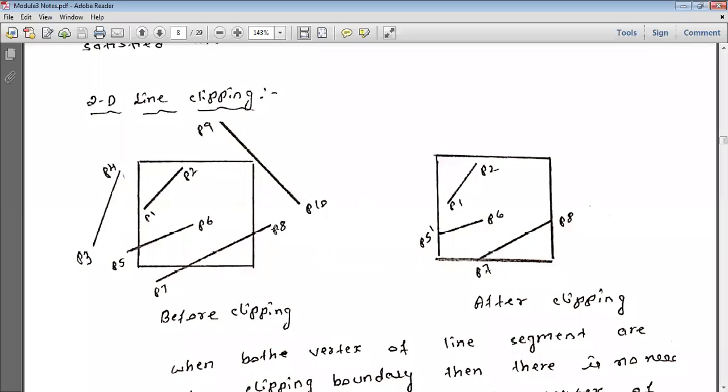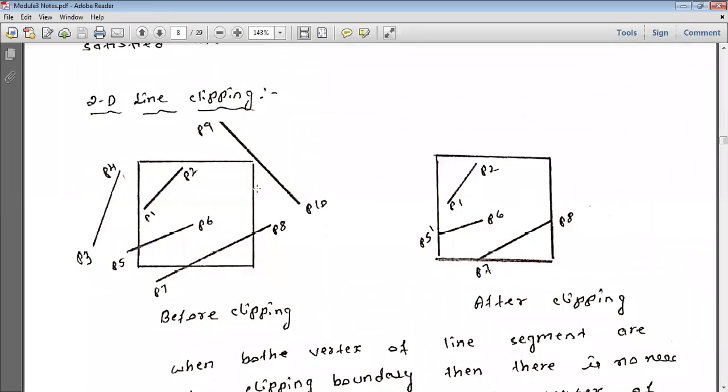Now let us see here. This is my window, and the constraint here is that I need to retain all the lines or the parts of the lines that come within this window, and I need to delete all the lines or the parts of the lines that come outside of this window.